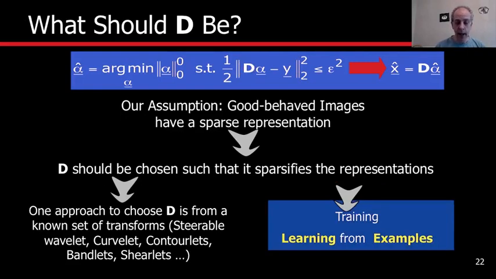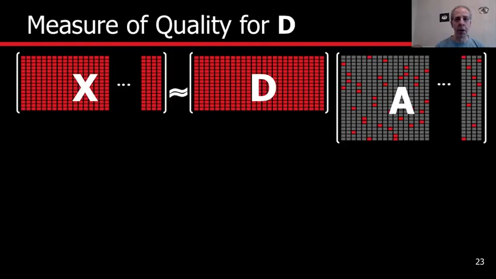The basic idea is very simple in concept and also not very difficult to implement, as we are going to see. So now, instead of having one signal, we have multiple signals. Each one of them is a column here. So each column here is, for example, an image patch, which is 64 dimensional, 8 by 8.